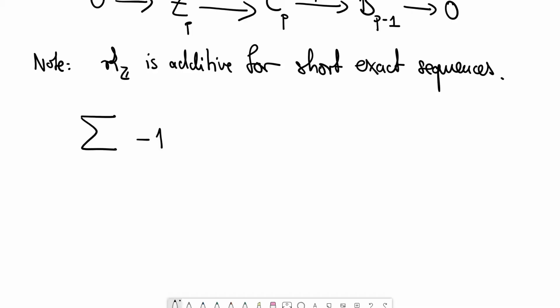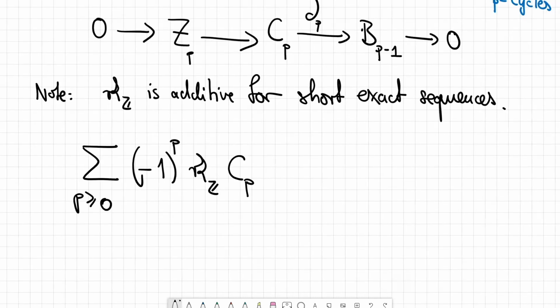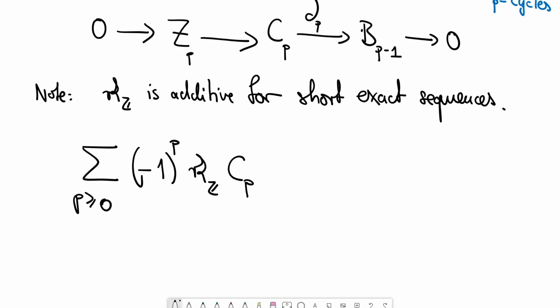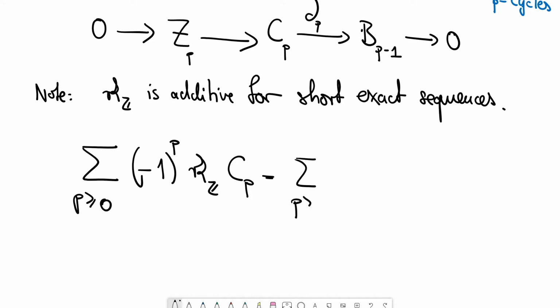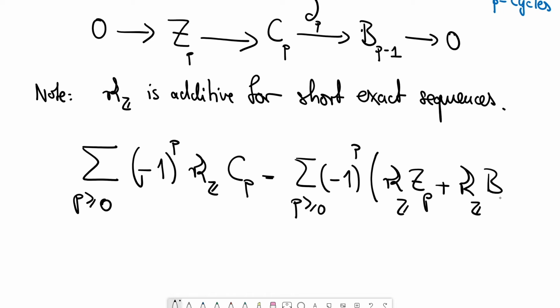Okay, so let's start with the left-hand side of the equation we wanted to prove, which is the alternating sum of the CPs. So the rank of CP is here the sum of the ranks of these two terms. Now we go into the first sequence.